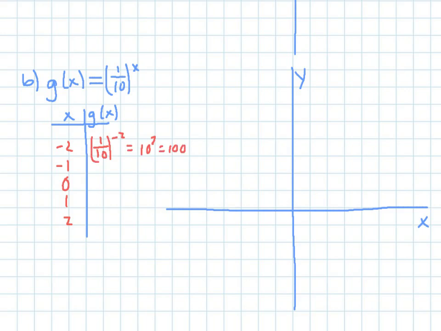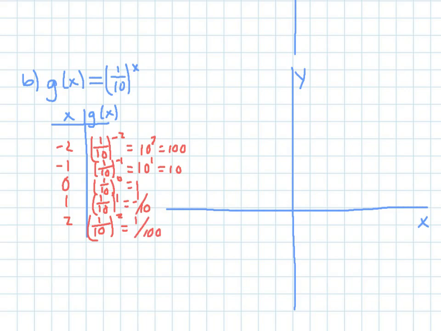Okay, and then 1/10 to the negative first flips it to 10 to the first, which is 10. 1/10 to the 0 power is always 1. 1/10 to the first power is 1/10. And then 1/10 to the second power would be 1/100th.